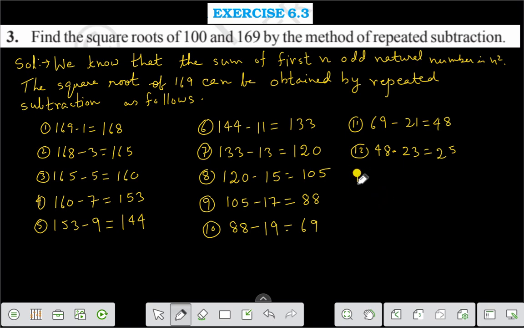And the next step, the 13th step, is 25 minus 25, that is equal to 0, right?